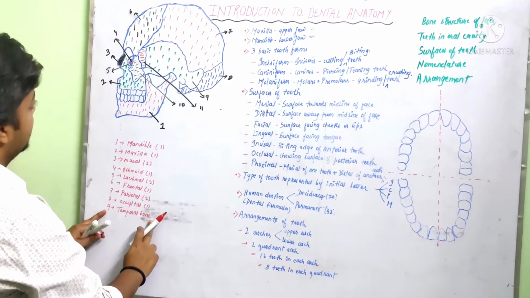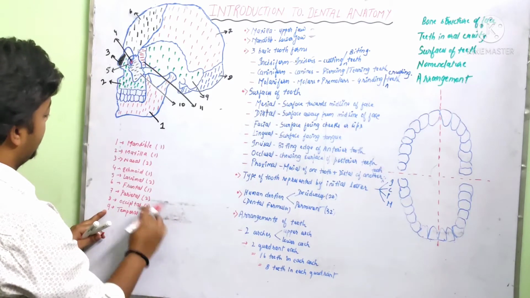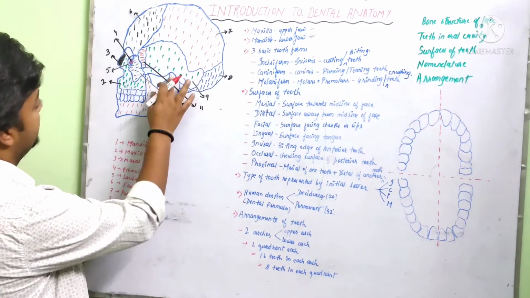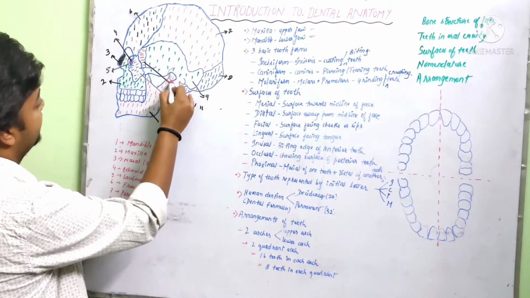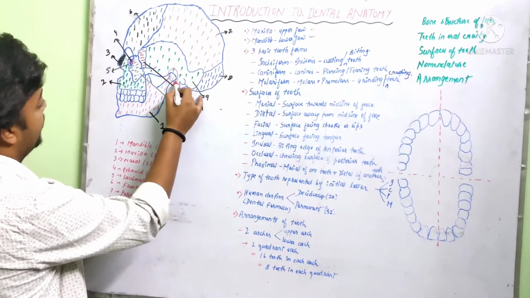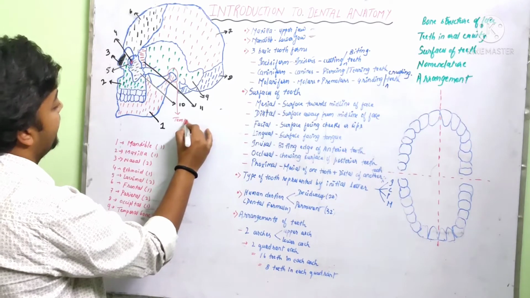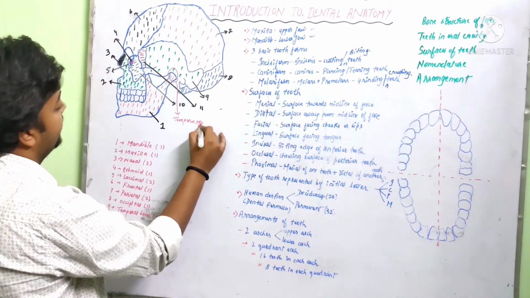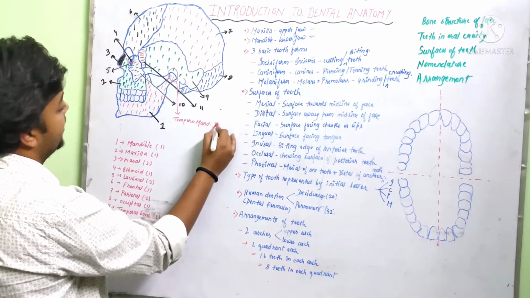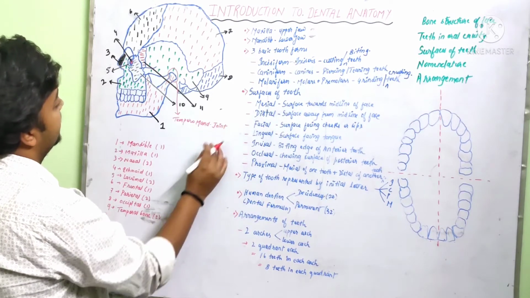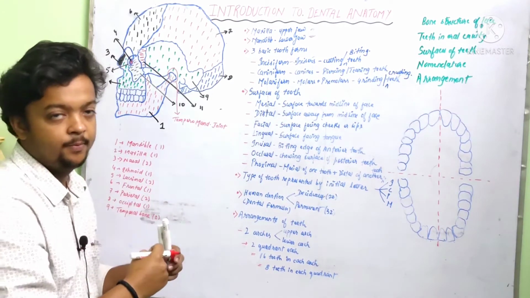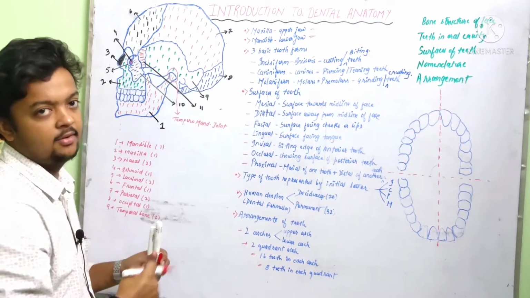So the temporal bone articulates with the mandible, this one, at this particular site, and this particular articulation is called the temporomandibular joint. That means a joint in which there is the articulation of the temporal bone and the head of the mandible, or simply the mandible.